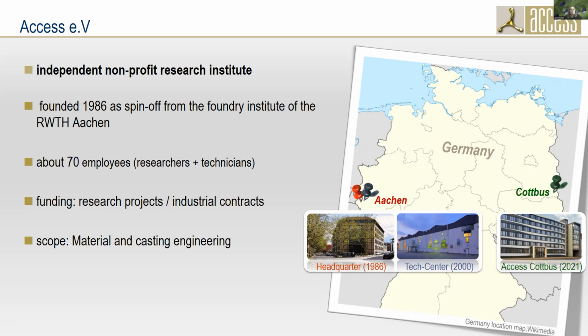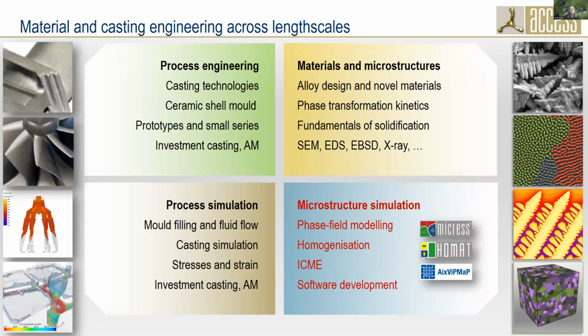The scope in the beginning, when it was founded, was rather solidification in space, but today it is rather material and casting engineering on Earth and on very different length scales. So we have different groups. Our group is a microstructure simulation group, but there are also simulations on the large scale: process simulation, mold filling and casting simulations.